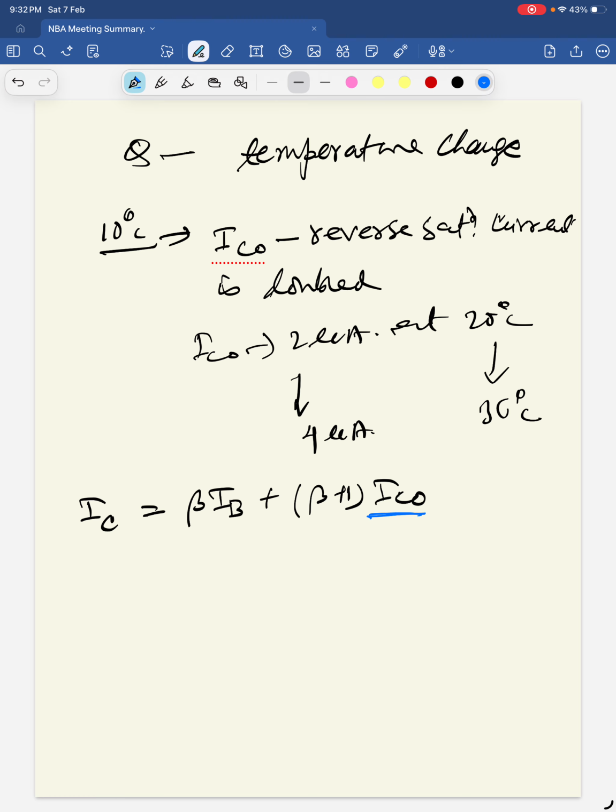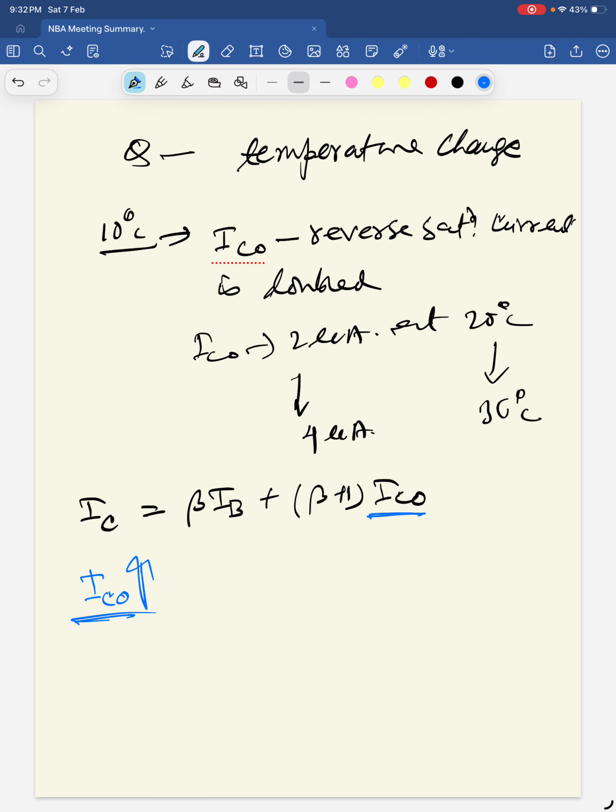Now if ICO increases due to temperature increment, then what will happen? Minority carriers will be increased due to breaking of covalent bonds, so ICO will increase.